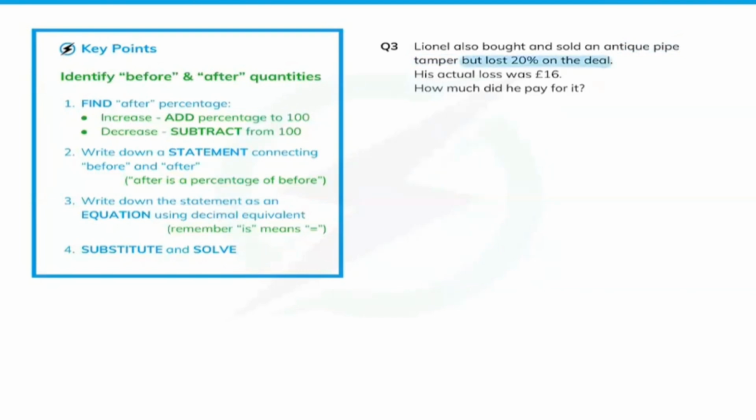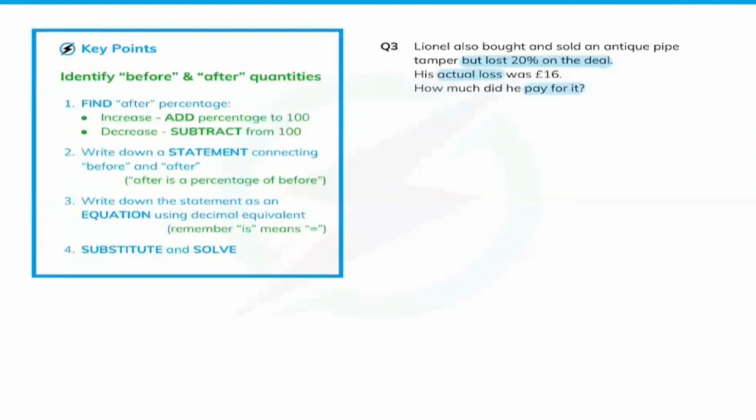Now we need to be a little bit careful here because we've got a loss of 20%, which we might think is an 80% decrease. But actually we're talking about an actual loss and how much he paid for it.